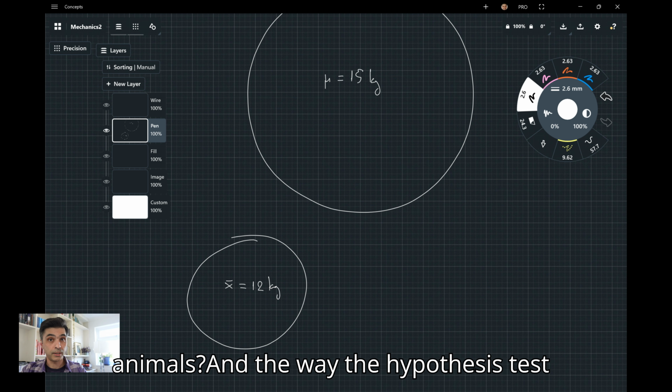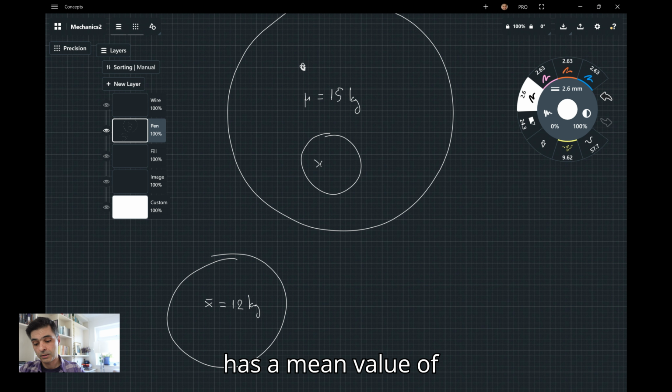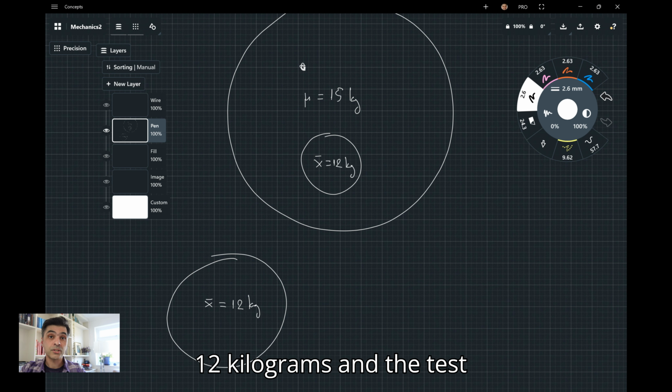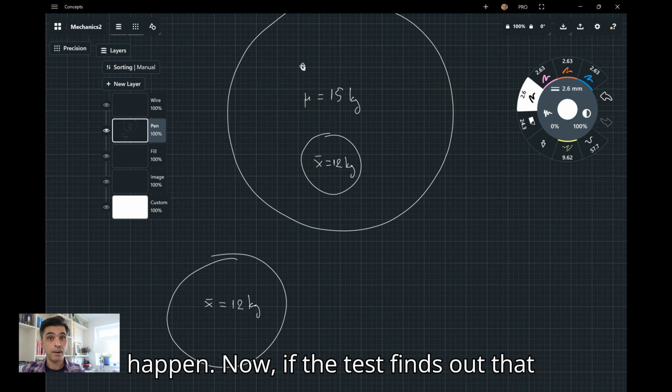And the way the hypothesis test works is they test whether it is probable that from this population here, we can take a random sample that has a mean value of 12 kilograms. And the test calculates the probability that that may happen.